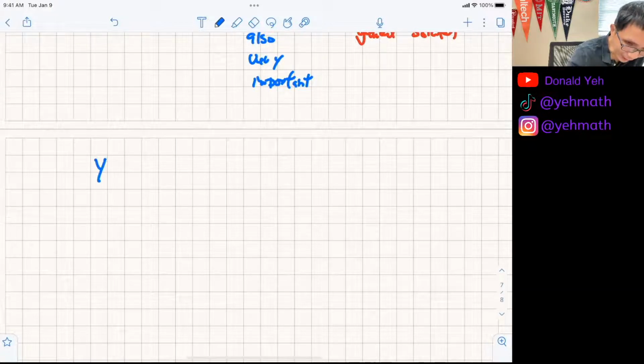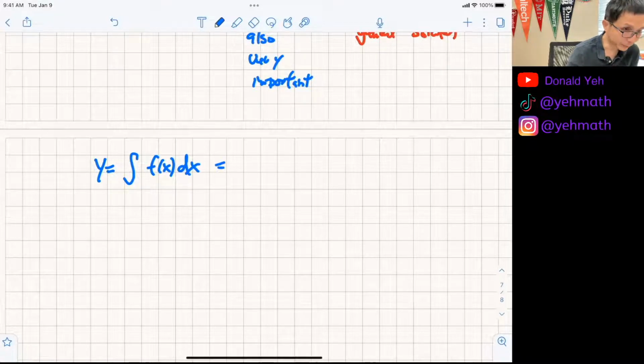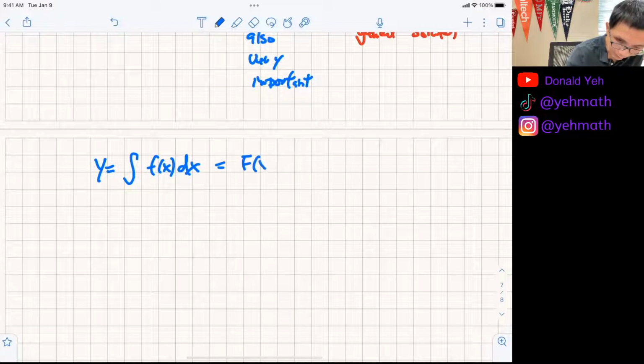So y is equal to the integral of f of x dx, and that's F of x plus c. This part is called the integrand.